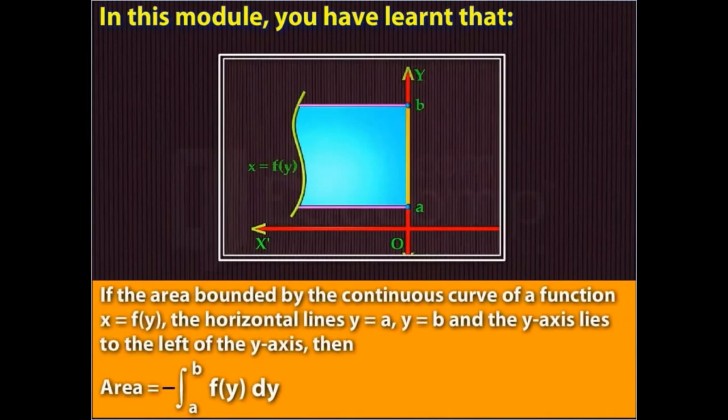If the area bounded by the continuous curve of a function x equal to f of y, the horizontal lines y equal to a, y equal to b, and the y-axis lies to the left of the y-axis, then the area is equal to the negative of the definite integral from a to b of f of y dy.